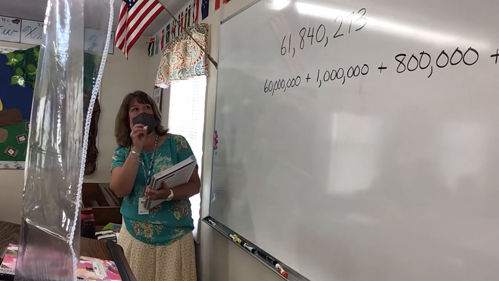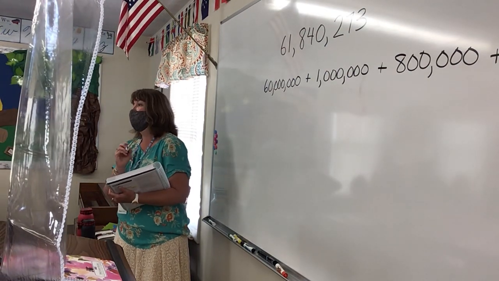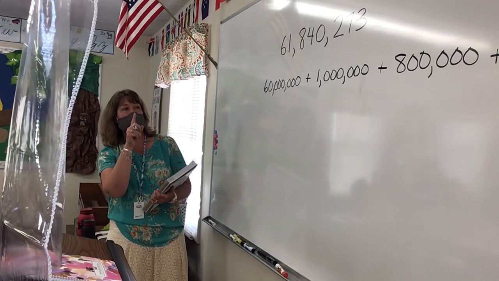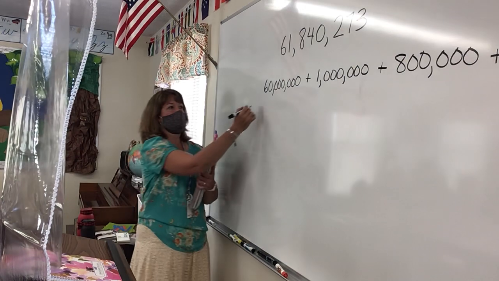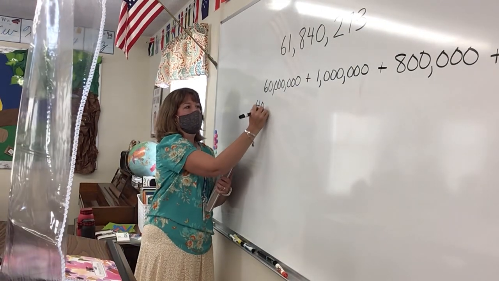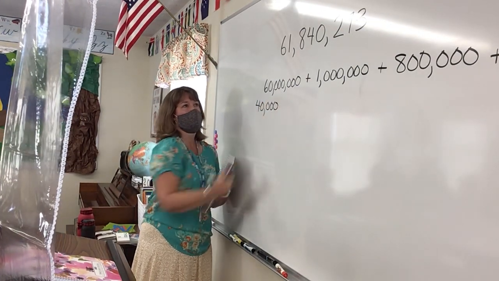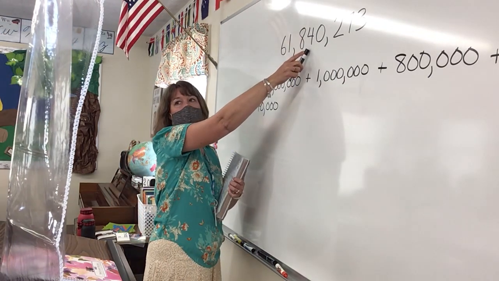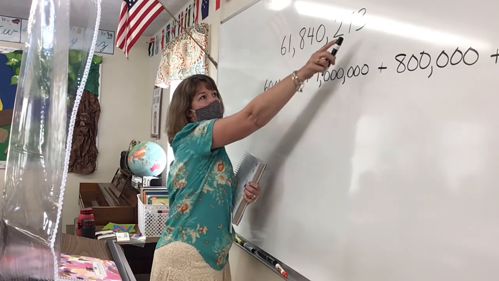Plus the value of the 4. What place is the 4 in? It's in the 10 thousands, so it represents 40,000. So basically you're taking the 1 digit, leaving it in the digit form that it's in, and all the rest are zeros.